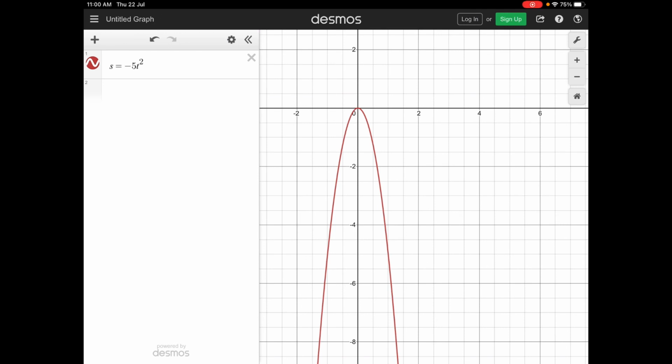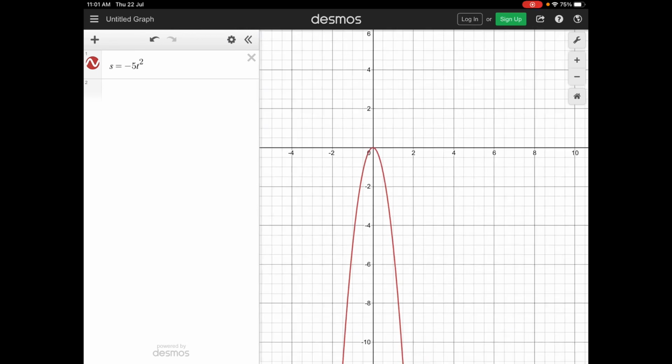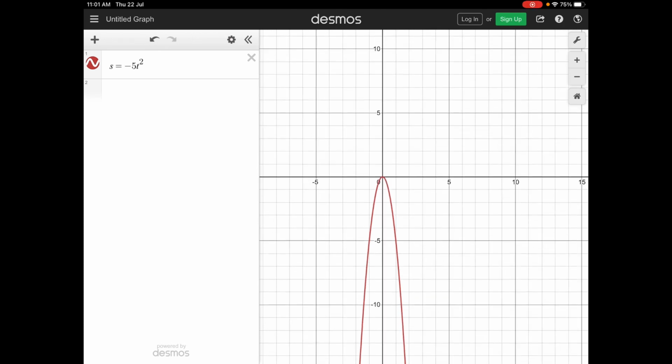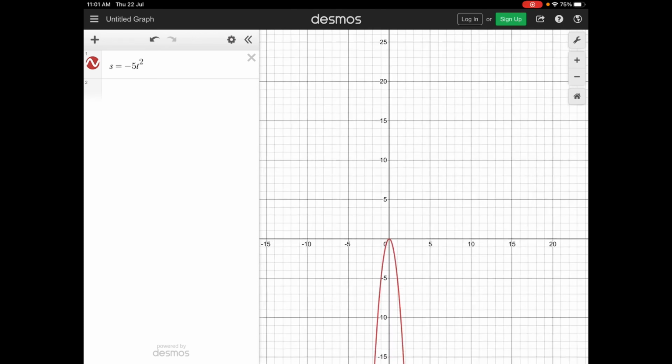You can see that according to the graph, the displacement starts at 0 and goes negative. In other words, if we called the ground location 0 and up being positive, this is saying the ball has started from the ground and is now digging its way down to hell, which is obviously not correct. What we want to imagine is that our displacement started at 30 meters above the ground.